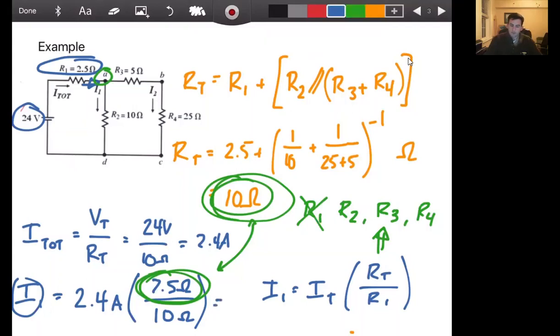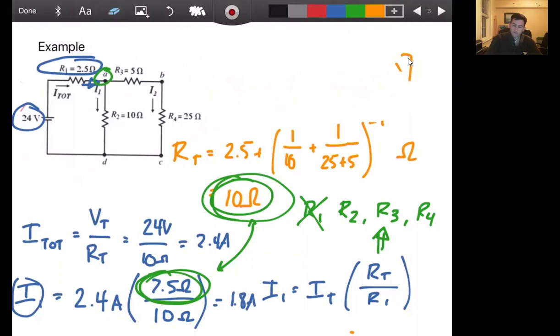So mathematical sum here, 1.8 amps. Now let's say we're trying to solve for I2. Well, we already know I1, and we know that our total is still going to be 2.4 amps. So we just take our total current minus the current down the branch we solved for to get whatever's left over.